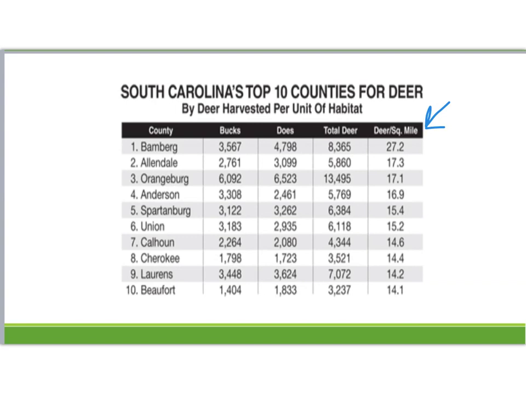So in Bamberg County, for example, we had over 8,000 deer, and that works out to a density of 27.2 deer per square mile. And then this number would be used to estimate, to infer how many deer there must be in the total county in order to get this many deer during hunting season.